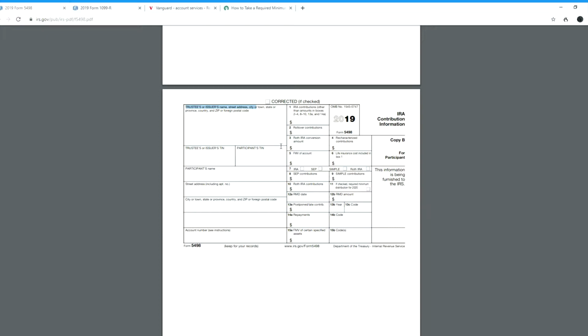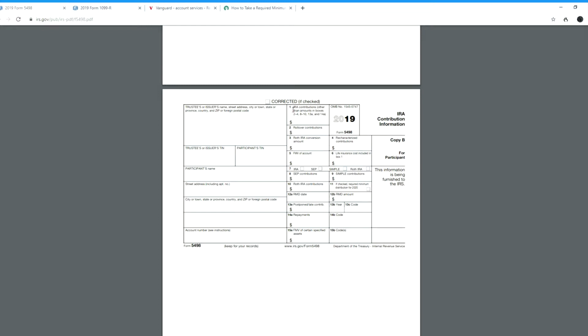Vanguard, Fidelity, it could be a bank, whatever institution is acting as the trustee or custodian. And then you can see that custodian's identification is going to be plugged in here, their tax identification number, and so on. And then participant's tax identification number. So generally that would be your social security number, your name, your address, and so on, your account number, if applicable.